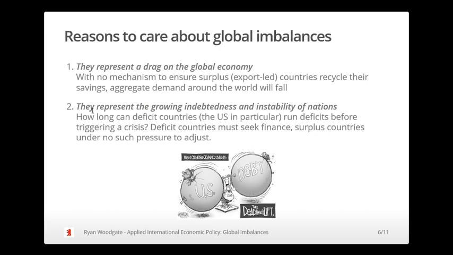Secondly, and I guess this is usually what is thought of when the issue of global imbalances comes up, is the issue of stability and the issue of debt. So a fundamental question is, how long can the deficit countries, and the US in particular, run deficits before they can no longer finance this deficit?